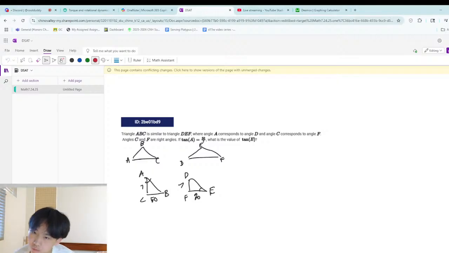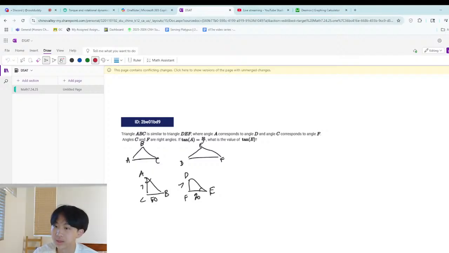Okay, so for this question, we're looking at SOHCAHTOA. We know that if two triangles are similar, you have the same angles but different side lengths. If tangent A, so opposite over adjacent, 50 over 7 is tangent A, then if we do DEF, we will get a similar ratio, right?